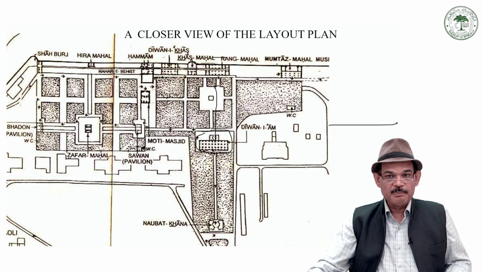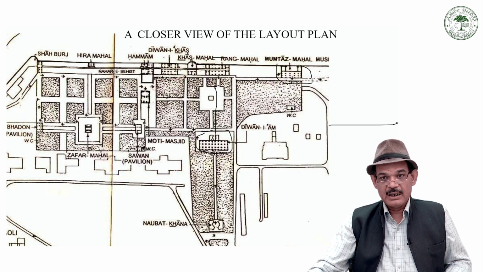A number of palaces were set from north to south. At the southeastern corner we have the Mumtaz Mahal Palace, and then we have the Rang Mahal Palace. Then we have the Khas Palace.